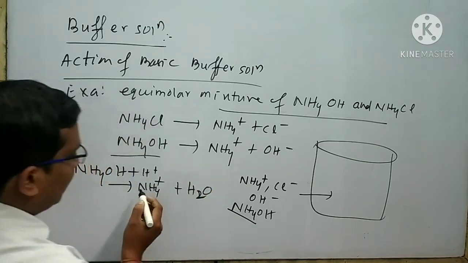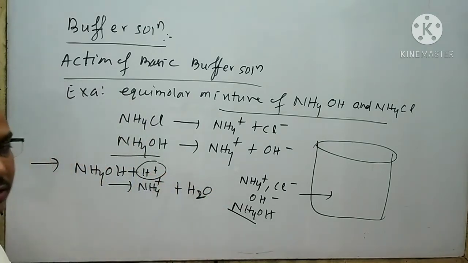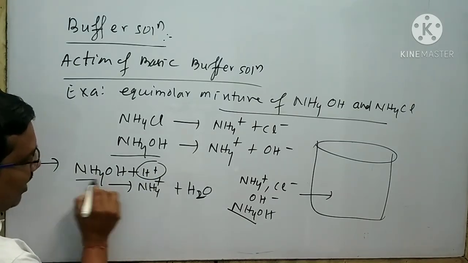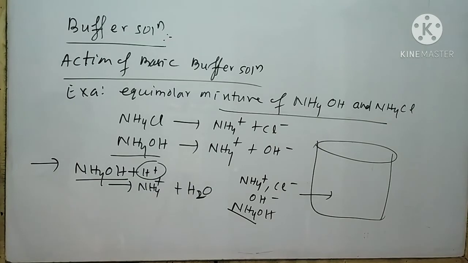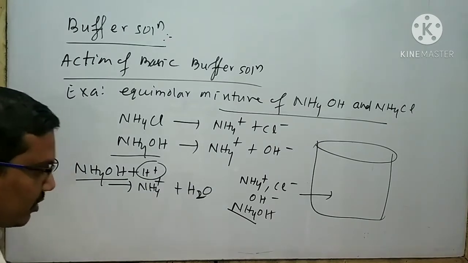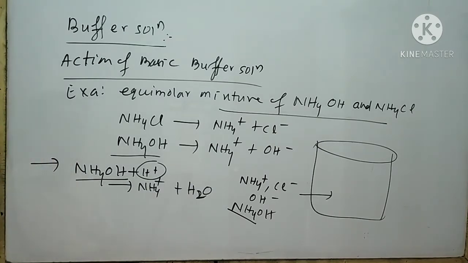Look at that. Here the added H+ ion suddenly reacts with the undissociated ammonium hydroxide to form NH4+ and water. That's why the added H+ ion does not affect the pH of this type of buffer solution.